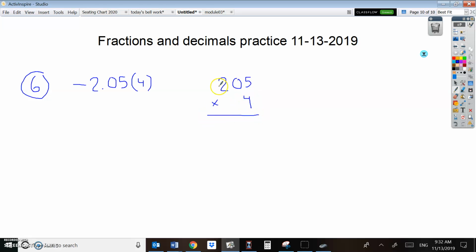So I will multiply like normal and then put the decimal back in. 4 times 5 is 20, 0 here, 2 here. 4 times 0 is 0 plus 2 is 2. 4 times 2 is 8. Now I have 2 decimal places, so I need 2 decimal places. And a negative times a positive is a negative.